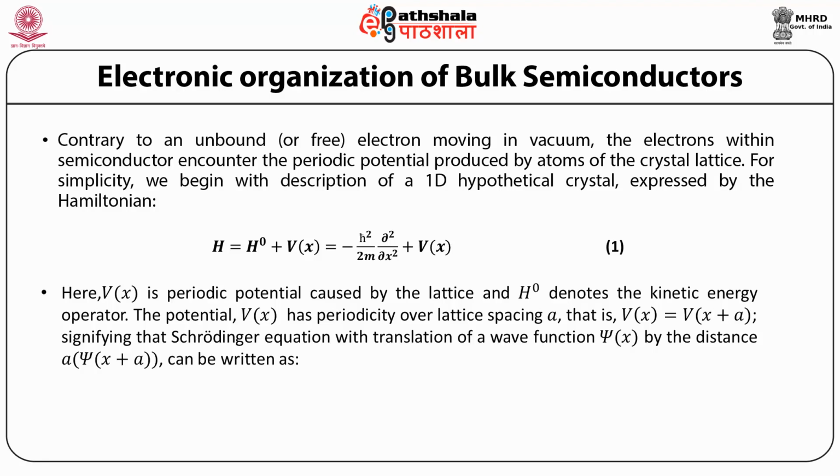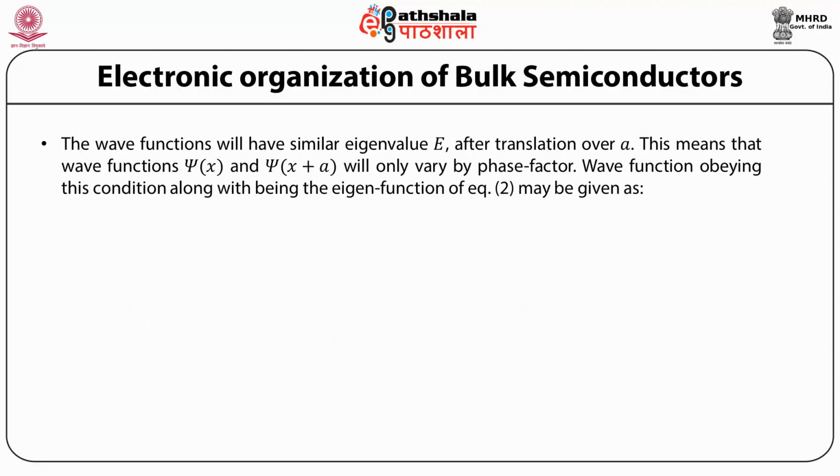So it can be written as minus ħ² by 2m ∂² by ∂x² psi(x plus A) plus V(x) psi(x plus A) equal to E psi(x plus A), E after translation over A. This means that wave function psi(x) and psi(x plus A) will only vary by the phase factor.